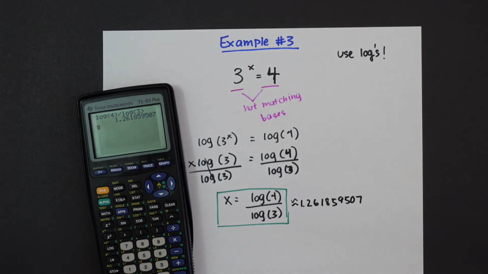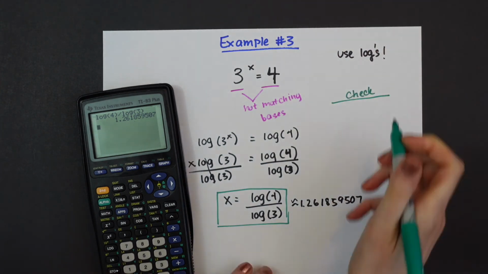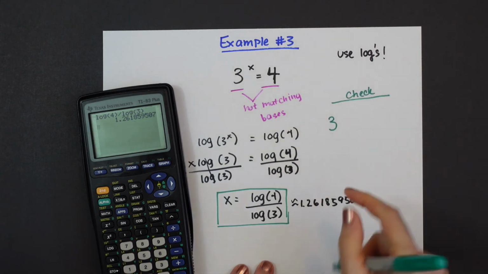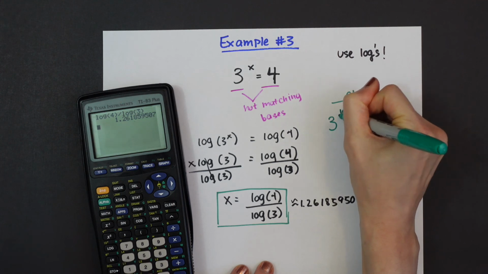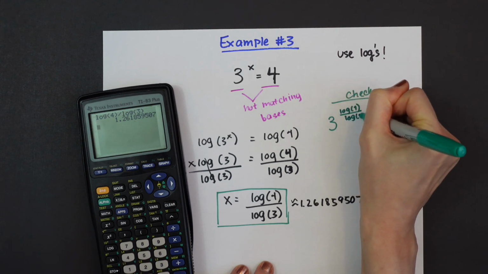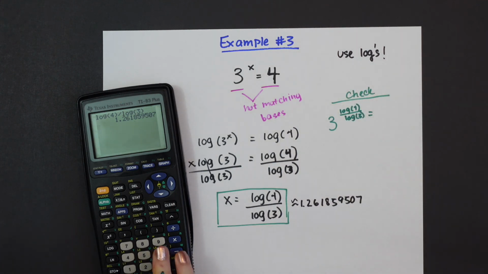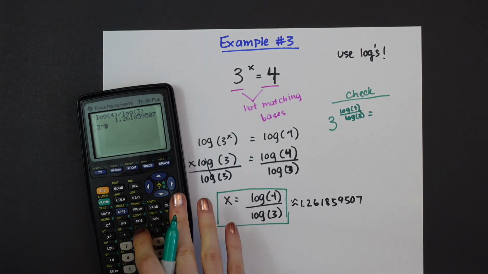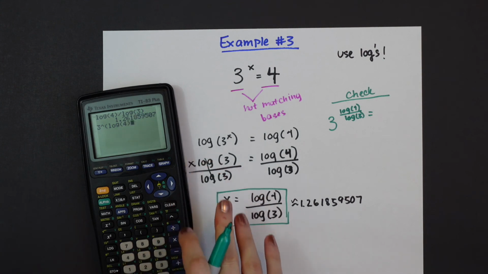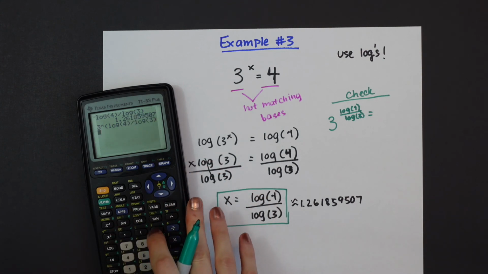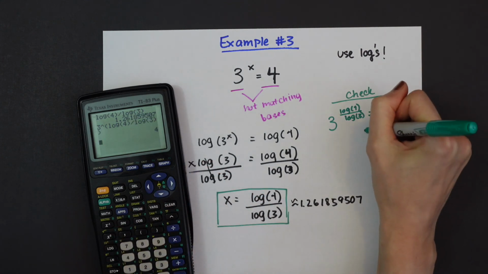Again, you can check this as well in your calculator by plugging in either this number or log of 4 over log of 3. So we have 3 raised to the power, and we get 4. So you know our answer is right.